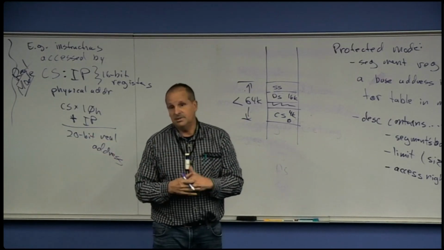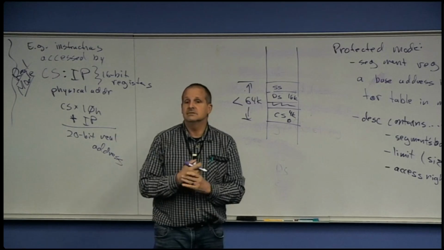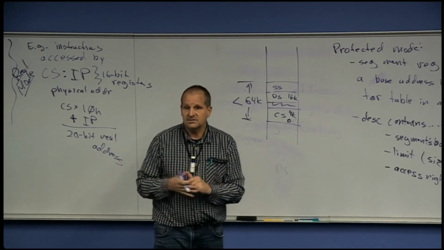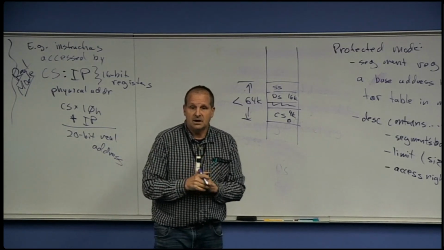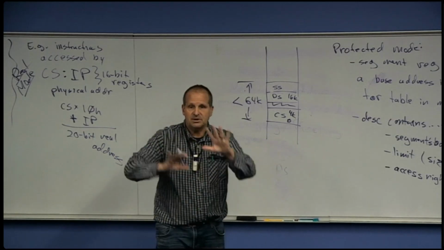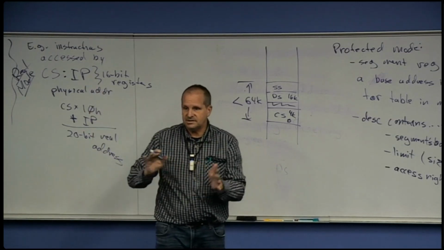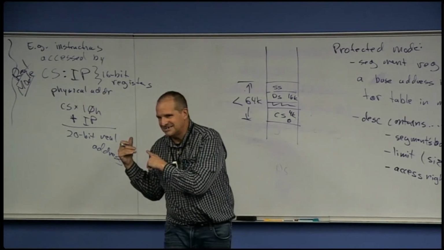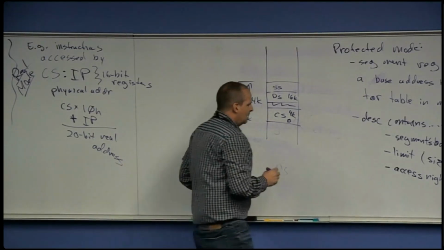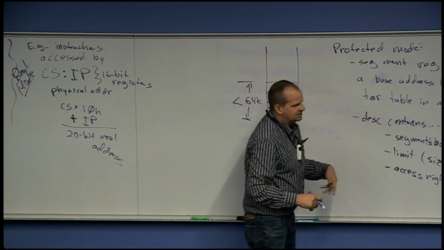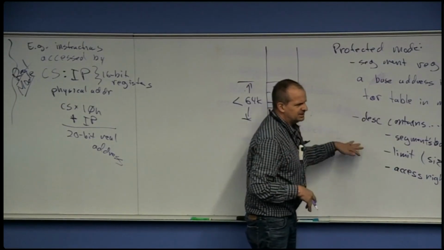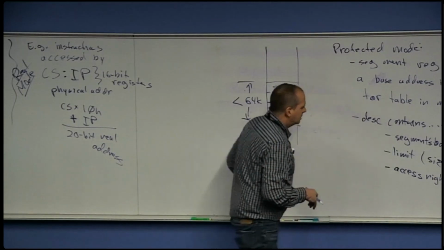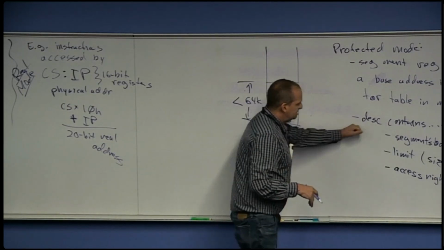Probably not, unless the user specifies. But that's how they protect each other. Do you see how that works? Before, we didn't have that. There are a few other things that we don't need to cover, but this is what it did.